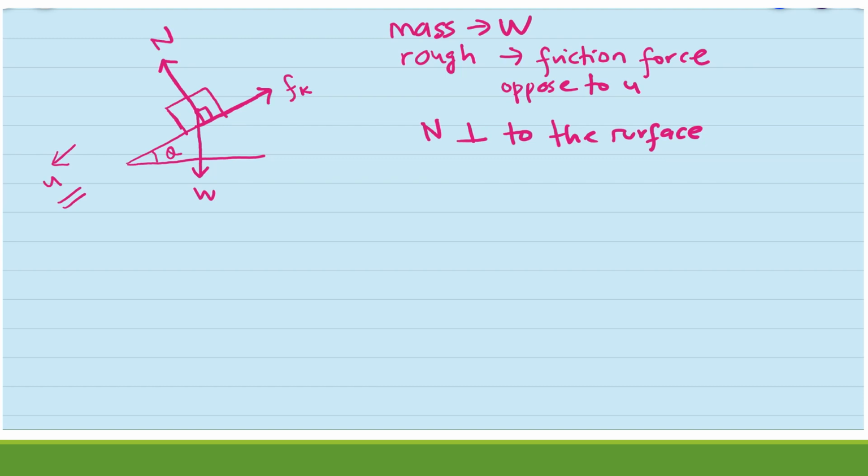Because the object and the surface are touching together, normal force exists. Now I transform it into a free body diagram. So this is kinetic friction, this is weight, and this is normal force. Don't forget to draw the direction of motion U.